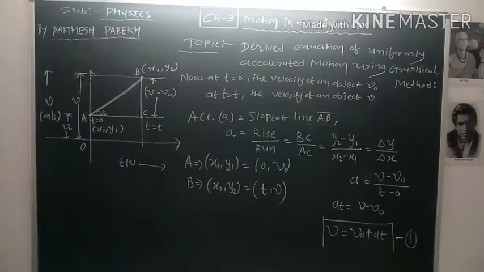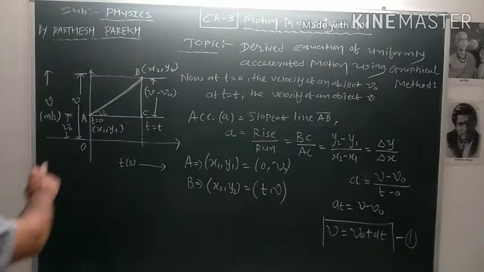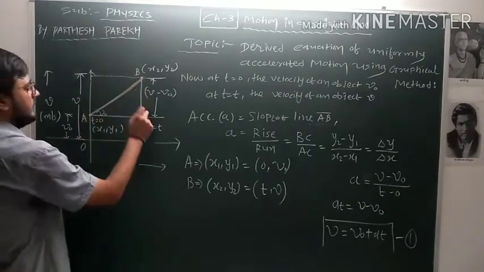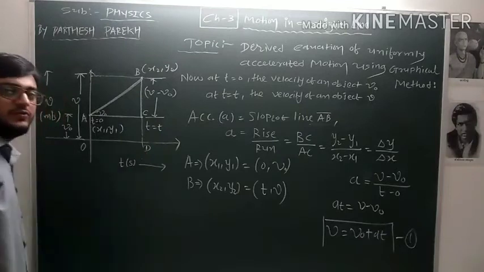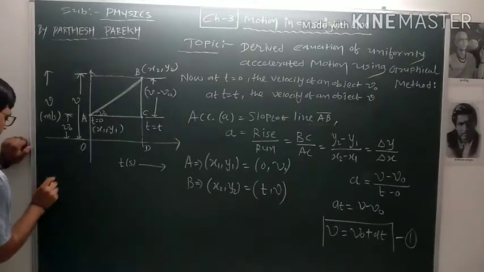Now the displacement of the particle or object during the time t is equal to the area of region O, A, B, C, D. This way we can find out the displacement.